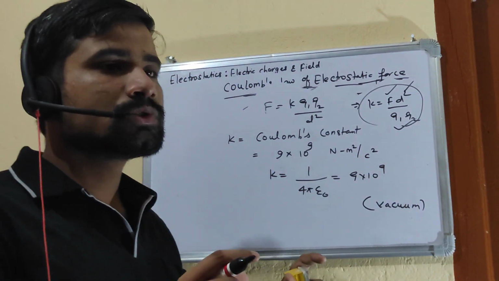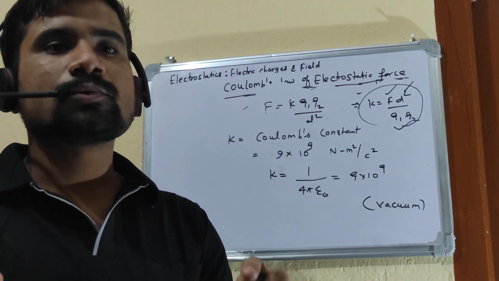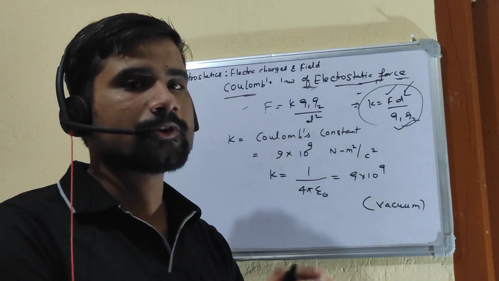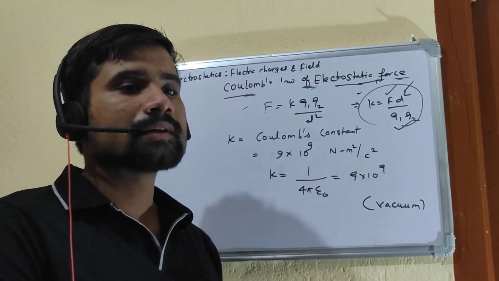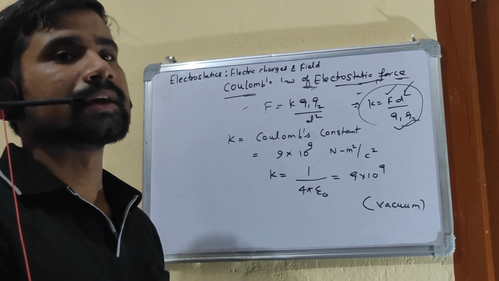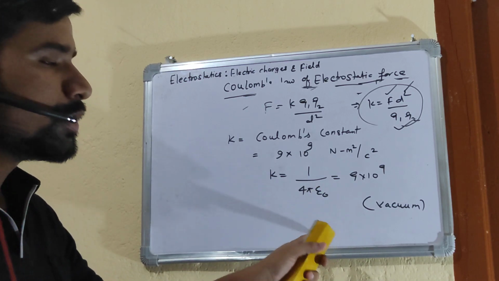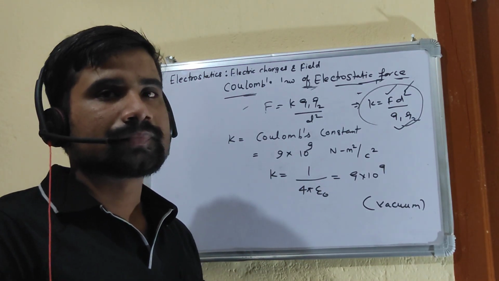If two charged bodies are placed in a vacuum, and two charged bodies are placed in some other medium, let's say water or glass, the magnitude of the force of attraction or repulsion between them would vary, and this k and this epsilon naught differentiate that force.